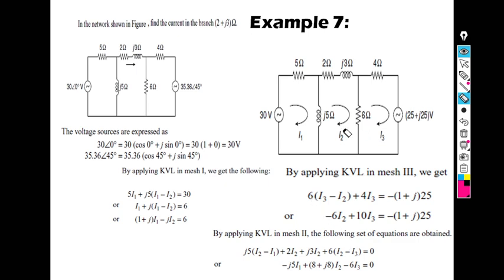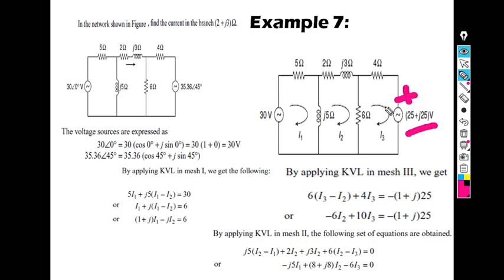Next equation: 6I3 minus I2. Now madam, I think it is clear to everyone. 6I3 minus I2, 4I3, and I am taking this as plus and this as minus.